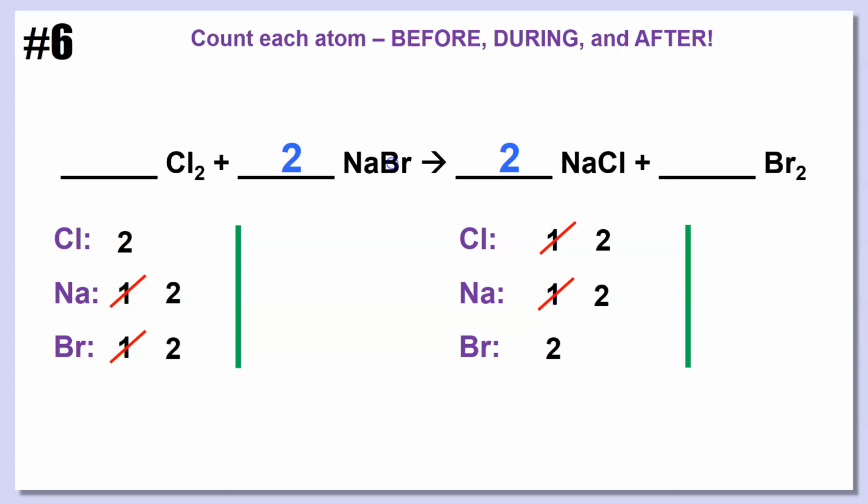So I think I'm finished. Nice small numbers, right? We've got 2 chlorine atoms, we have 2 sodium atoms, 2 bromine atoms. Over here we have 2 chlorines, 2 sodiums, and then over here we have 2 bromines, so we're all finished.